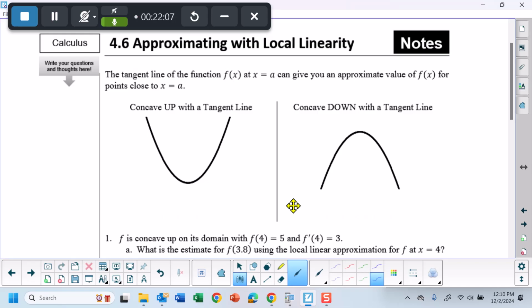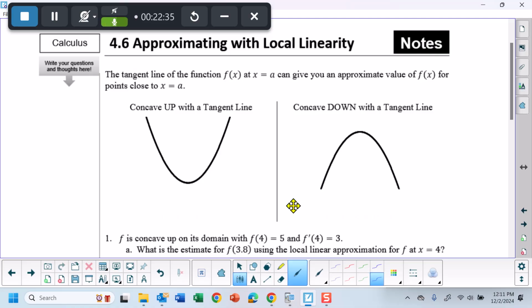So what I want you to imagine is us doing all this work and being able to figure out the equation of the tangent line, but not really understanding or having a picture of the equation of the graph. What we can do is say, because we know there's that point of intersection, and we know that that tangent line is so very close, that we can use that tangent line as estimates for what the input-output values of the function are.